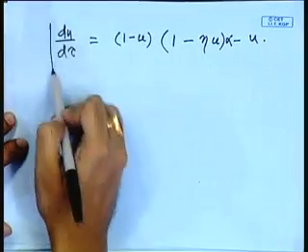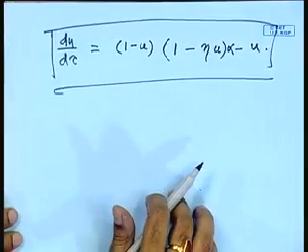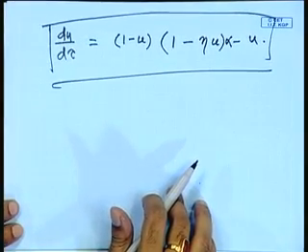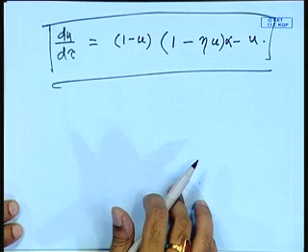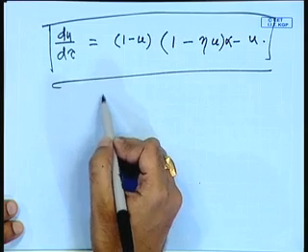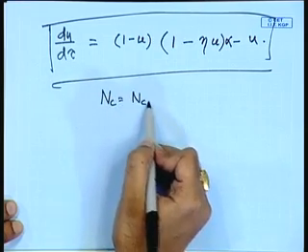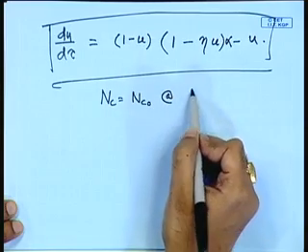Okay, so this is the basic equation and I now need to solve. What are my initial or boundary conditions? My initial condition earlier was that NC equals NC naught at t equals 0.